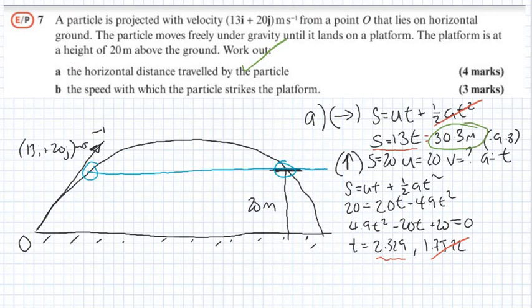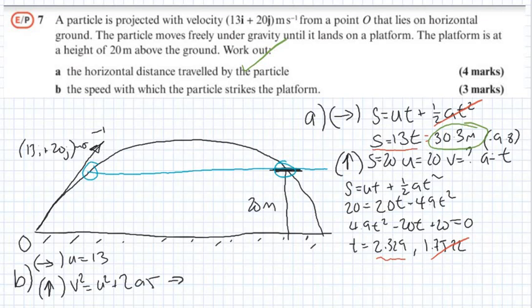Now we'll do part B. We want the speed with which the particle strikes the platform. Again, we'll think horizontally. There's no acceleration, and u was equal to 13, so that's not going to change. Going in the vertical direction, we want speed, so we use v squared equals u squared plus 2as.